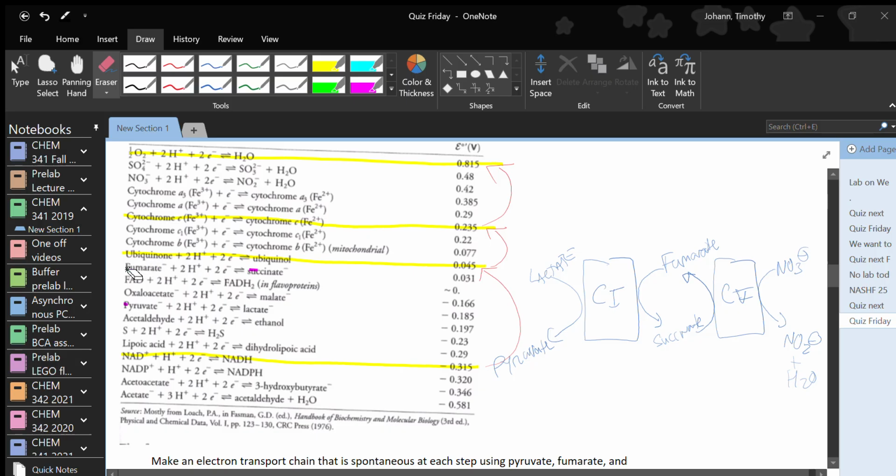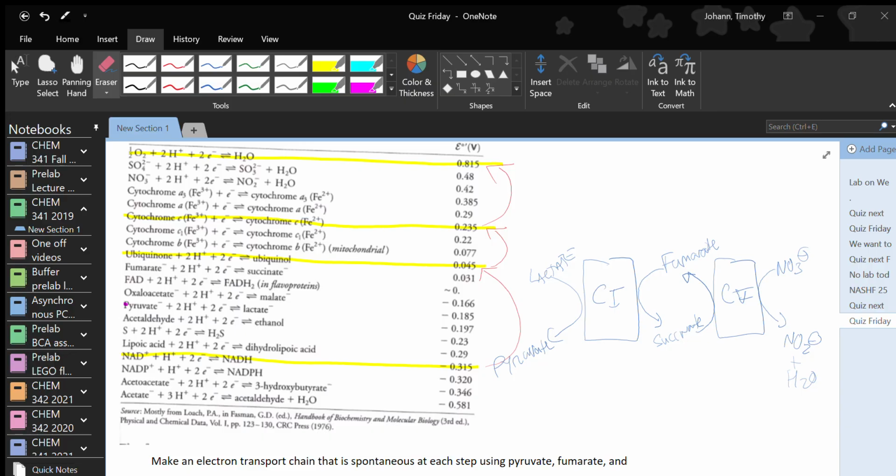You saw it as we followed it up. But this is the oxidized form on the left-hand side. This is the reduced form on the other side. So for these complexes, one way to think about it is everything on the left-hand side of a complex is going to drop off electrons, and everything on the right-hand side of the complex, the arrow on the right-hand side, is picking up electrons.